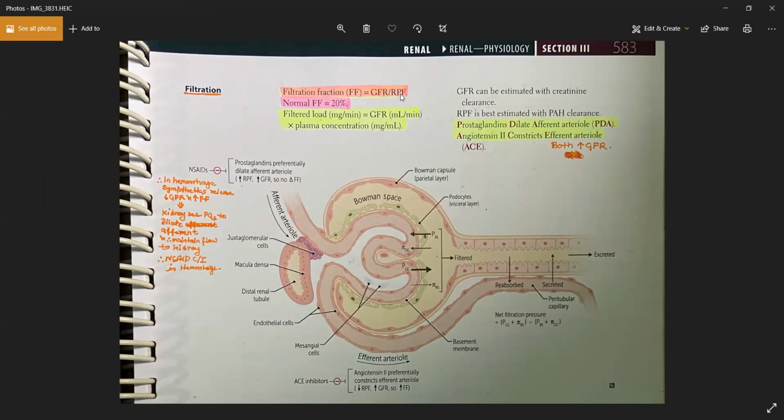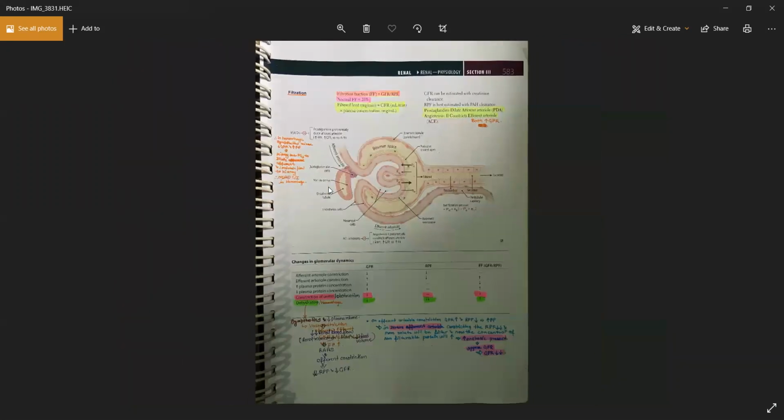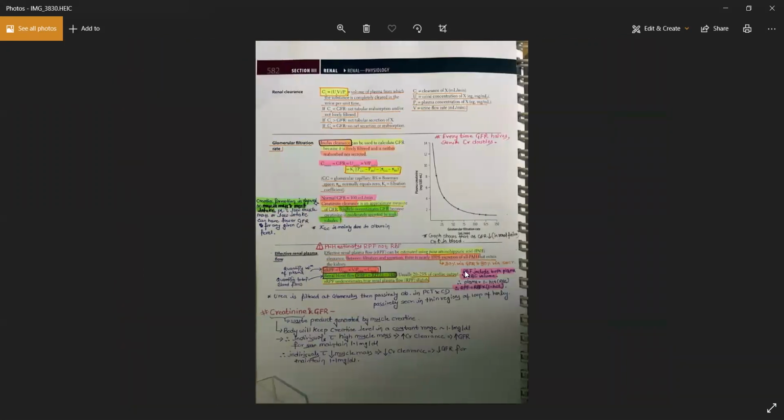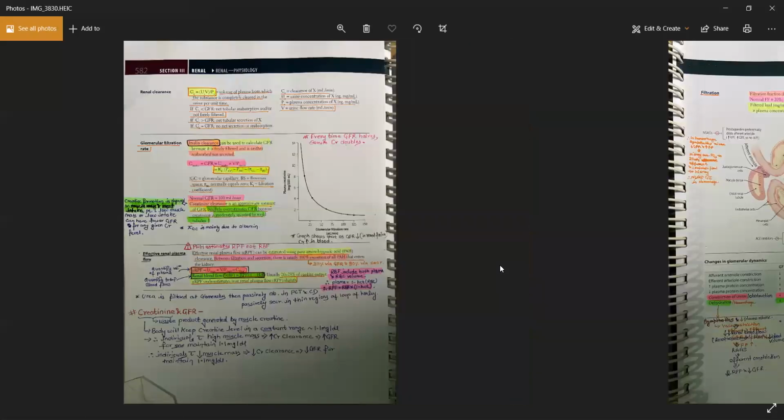So you can see that the total RPF is given to the kidney, and out of it the GFR is filtered in the Bowman's space. So the filtration fraction equals GFR divided by the renal plasma flow, and the normal filtration fraction is 20%. As you already know, around 20% of the PAH is filtered via GFR, and the remaining 80% is secreted via the epithelial cells.